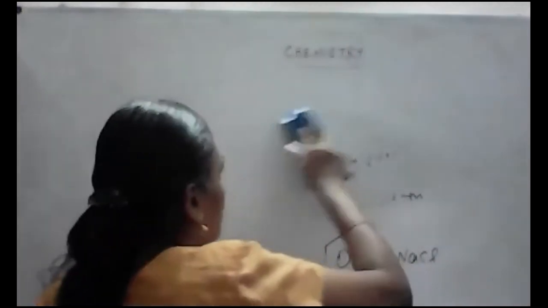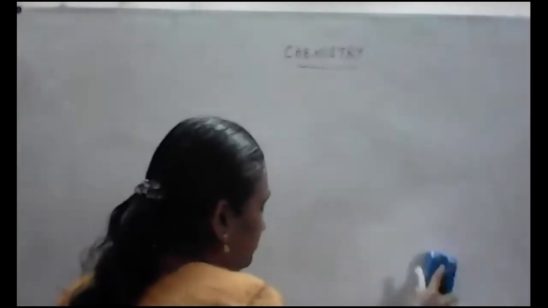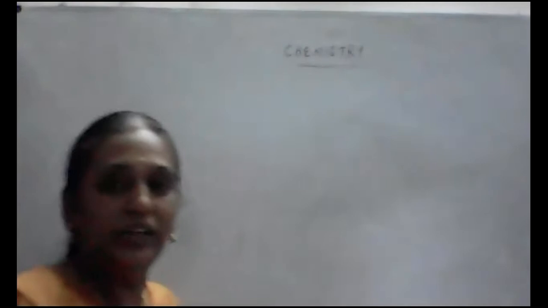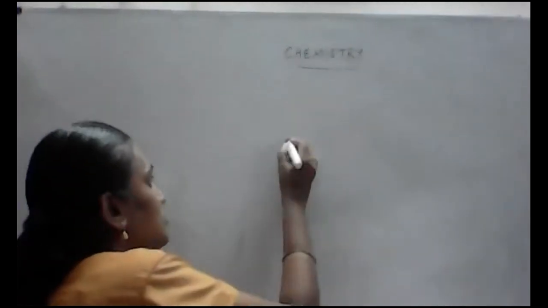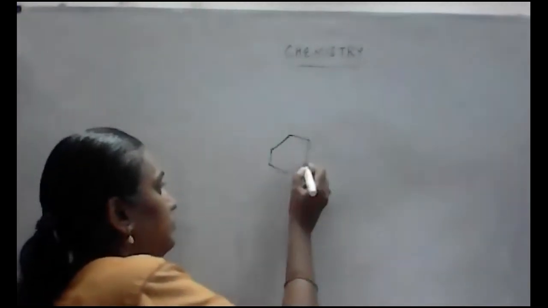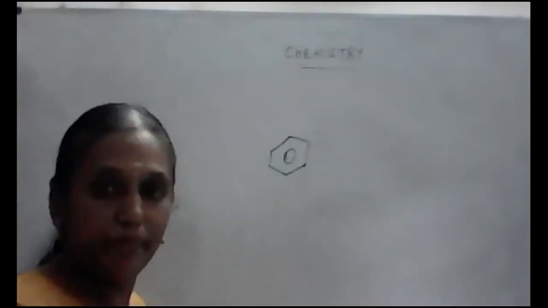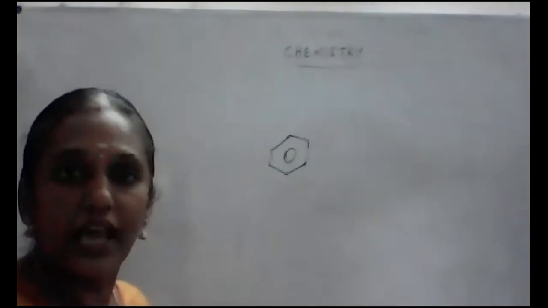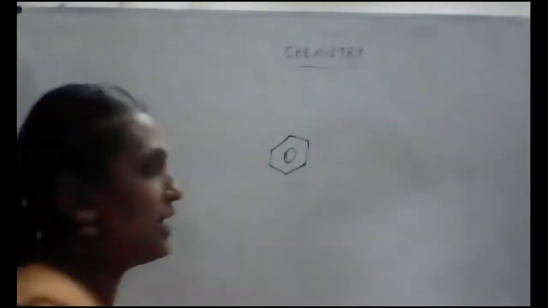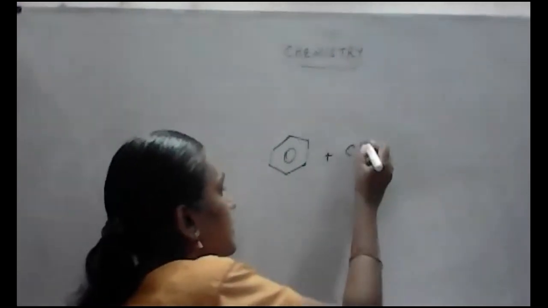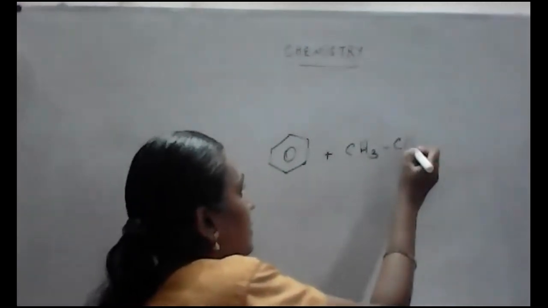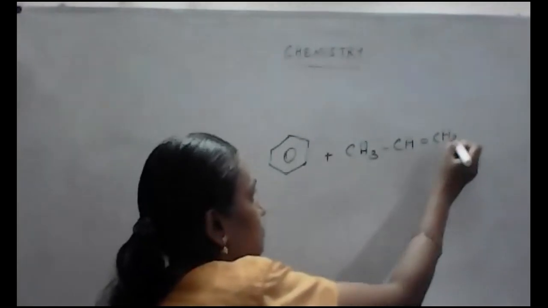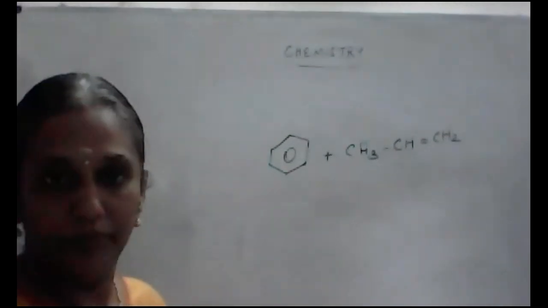Cumene is nothing but isopropyl benzene. Let me go for it first. We'll take benzene and make it react with propylene, whose formula is CH3CH=CH2.